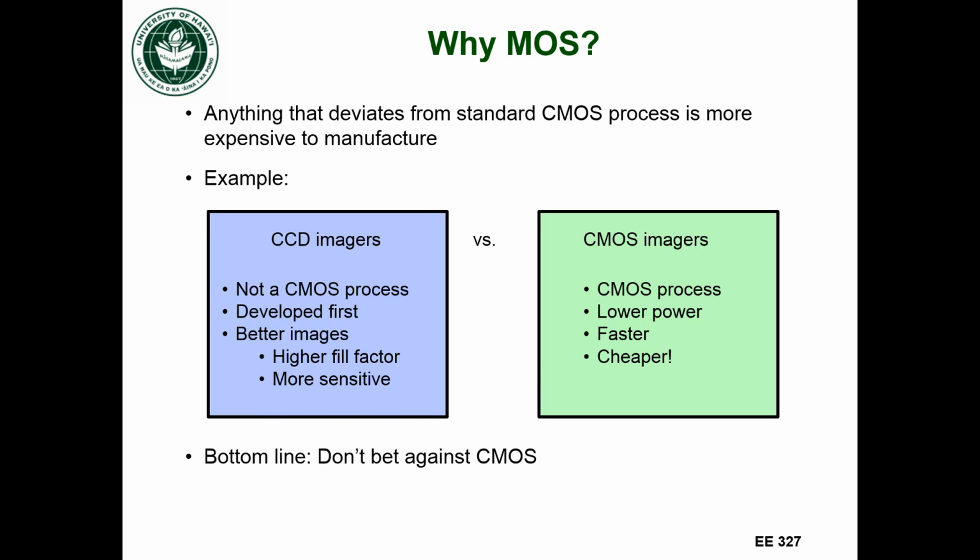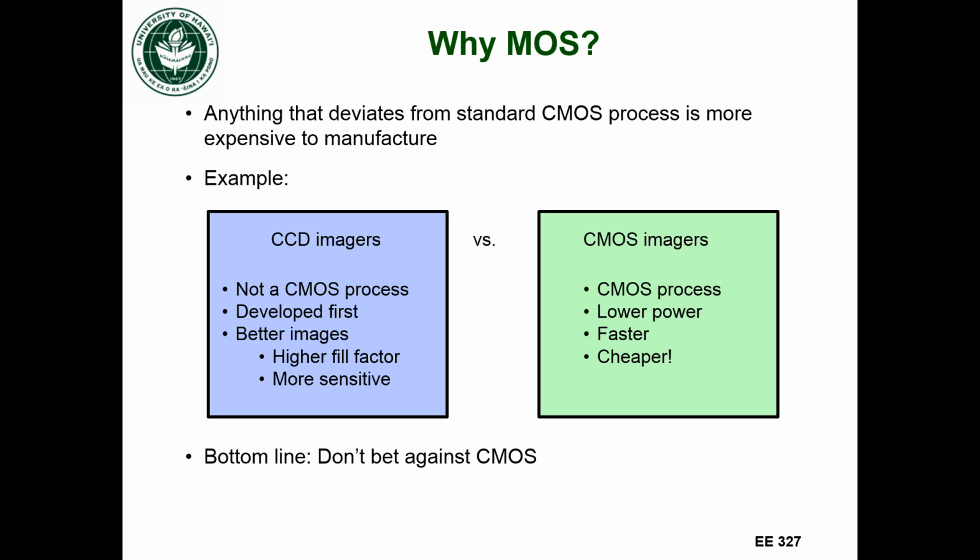One example is digital cameras. When digital cameras first came out, they used something called CCD imagers, charge coupled devices. This actually gives you a better image, and they were developed first. So these were the first digital cameras.